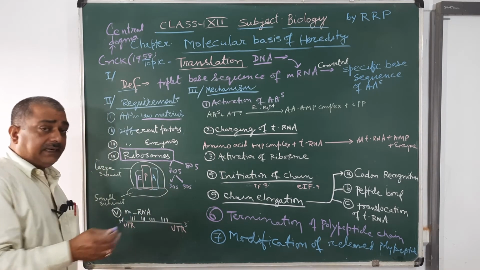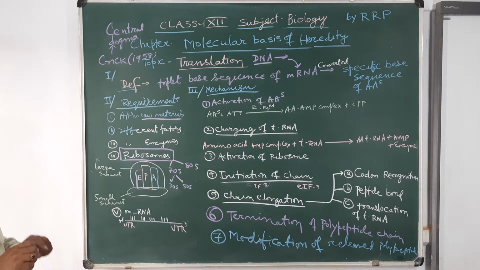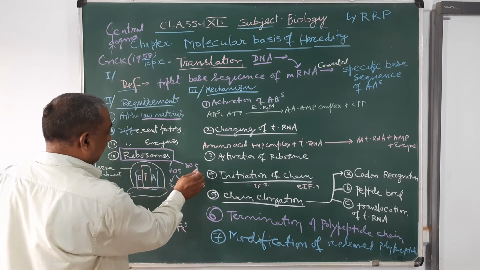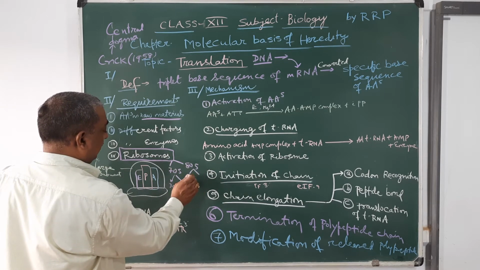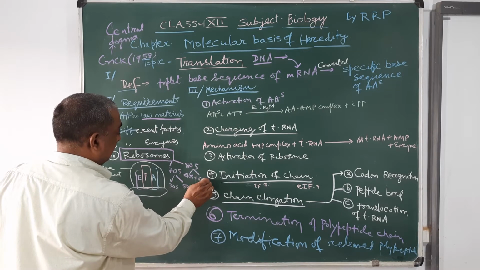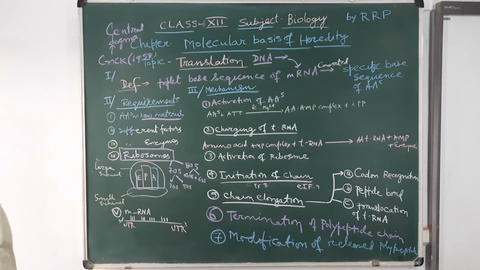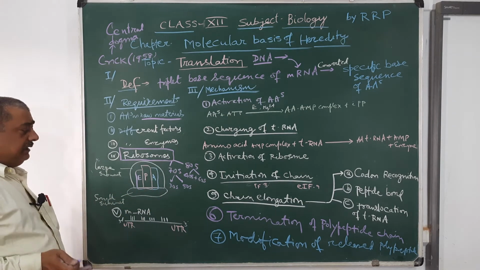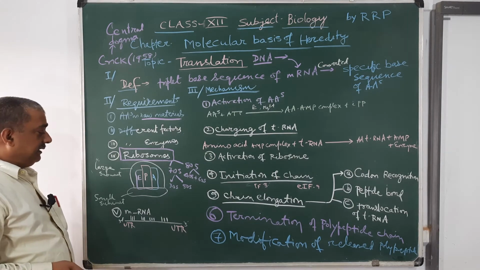They are not additive values, they are just two different parts. Similarly, 80S consists of two parts, 40S and 60S. Ribosomes are functional when they are associated together. If they are dissociated, they are non-functional.